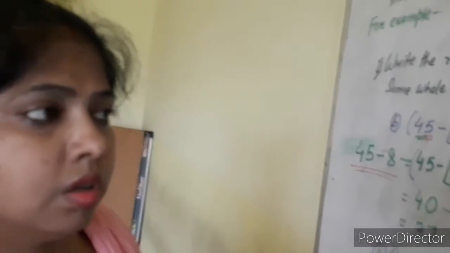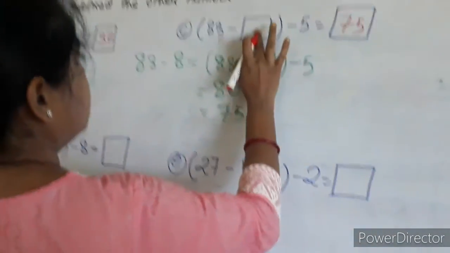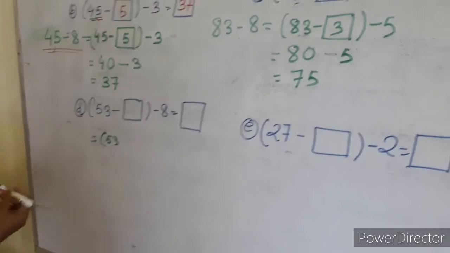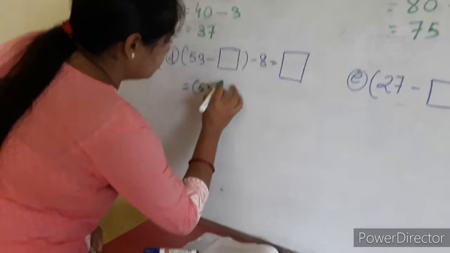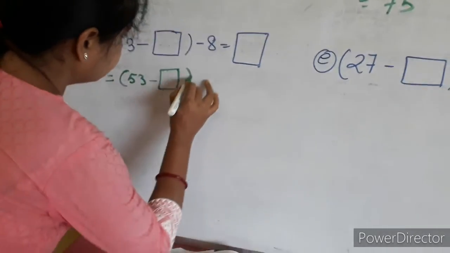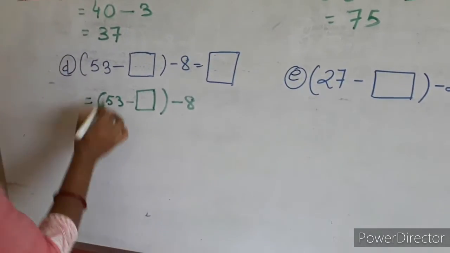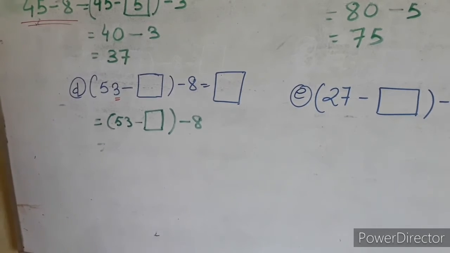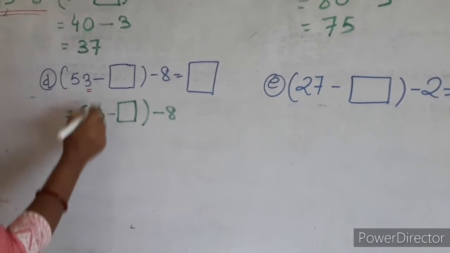The next one, 53 minus 11. Sorry, you have to write here 3. 53 minus 3, the same thing you have to do. This is the unit place, so we have to make it 0.